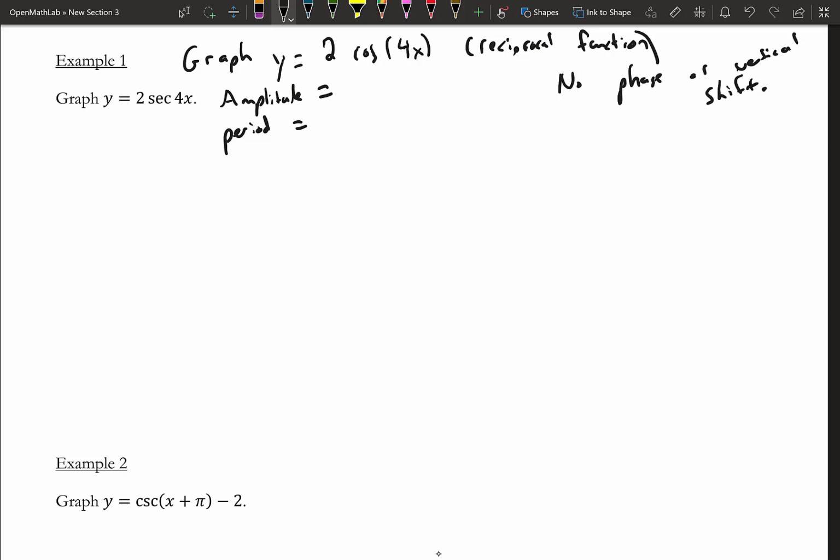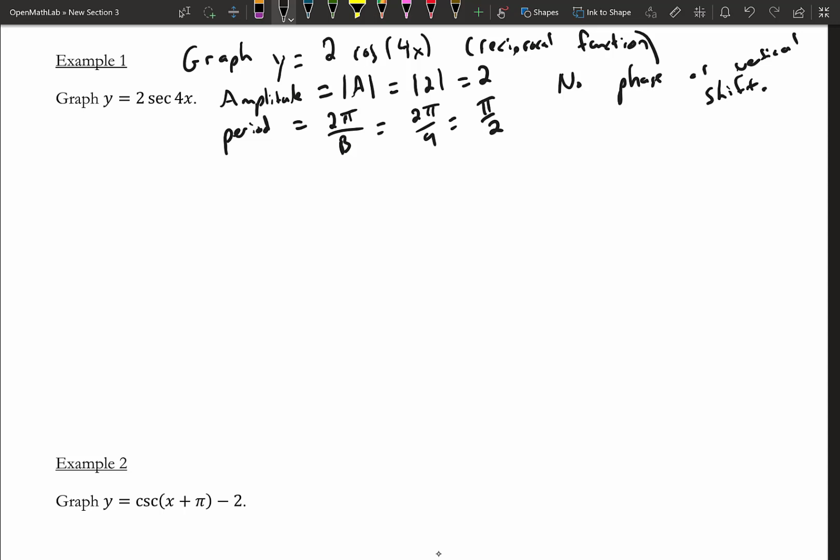So the amplitude is equal to the absolute value of a, which is the absolute value of 2, which is 2. The period is equal to 2 pi over b, which is 2 pi over 4, which is pi over 2.